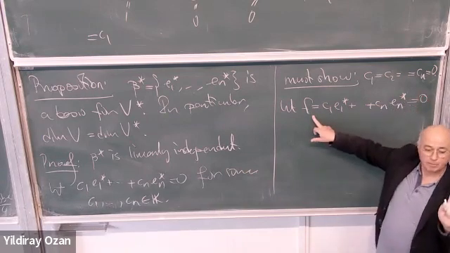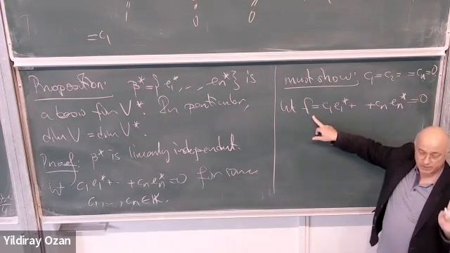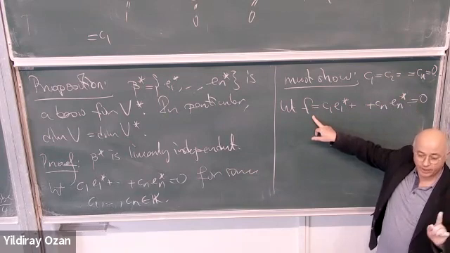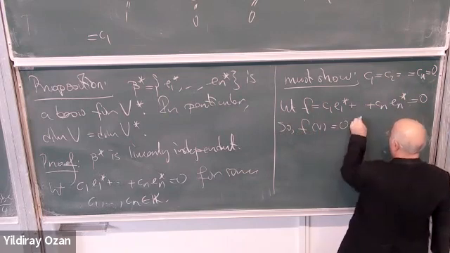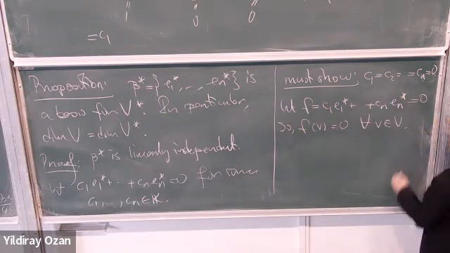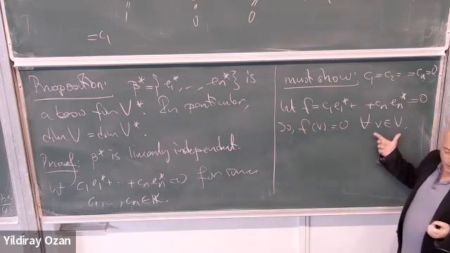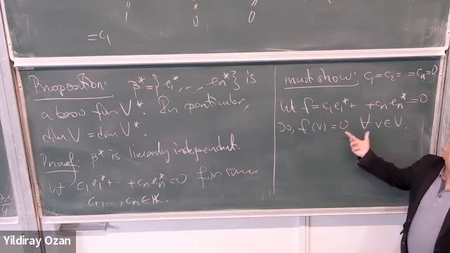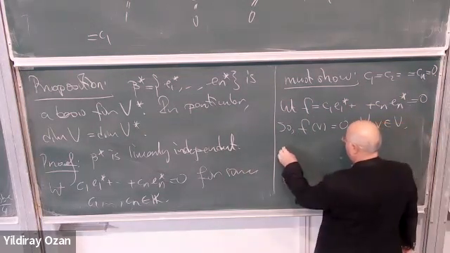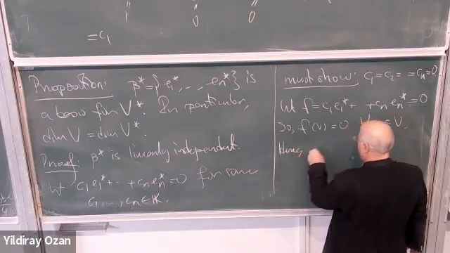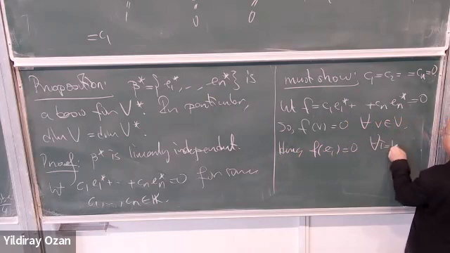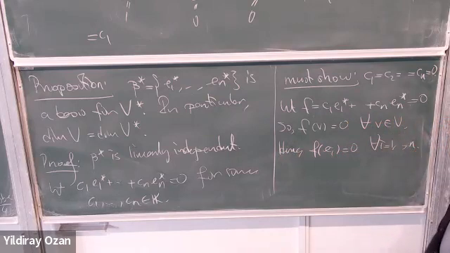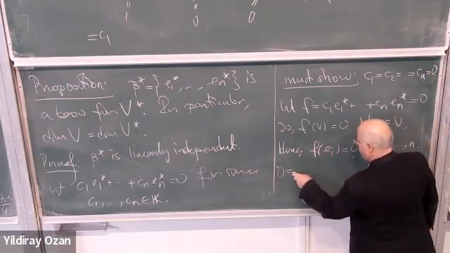So as a linear map, F takes the value 0 at all vectors. So F of v is 0 for all v in V. Well, if it is 0 for all v, it should be 0 for the basis vectors also. Hence, F of Ei should be 0 for all i. But what is F of Ei?